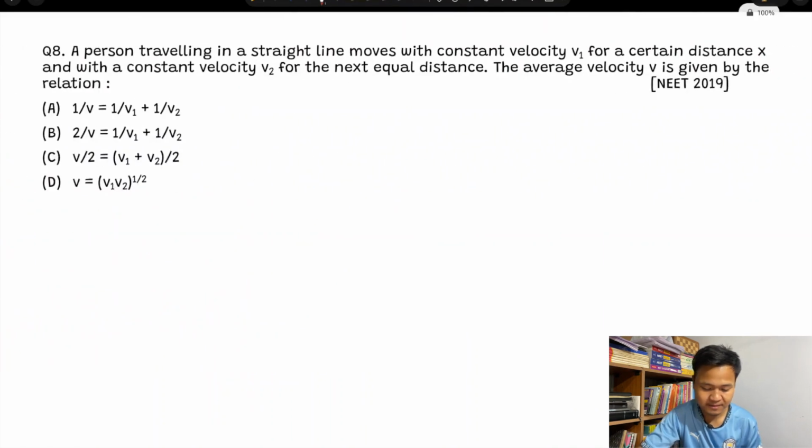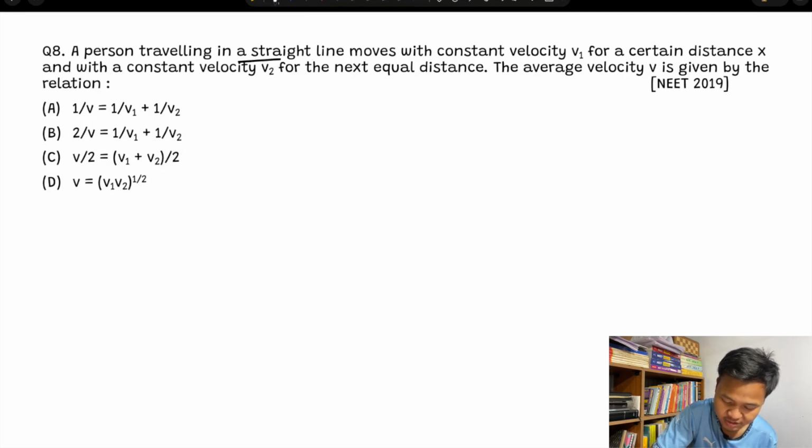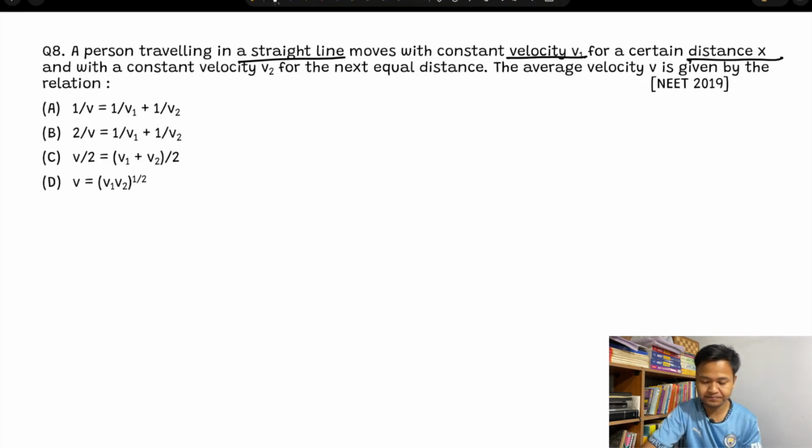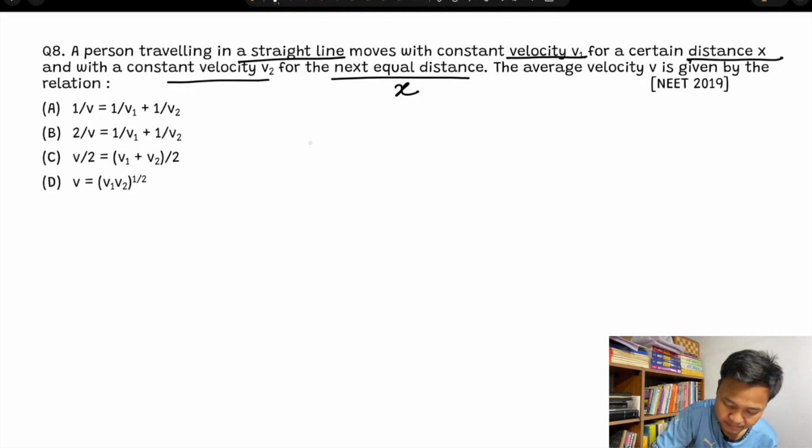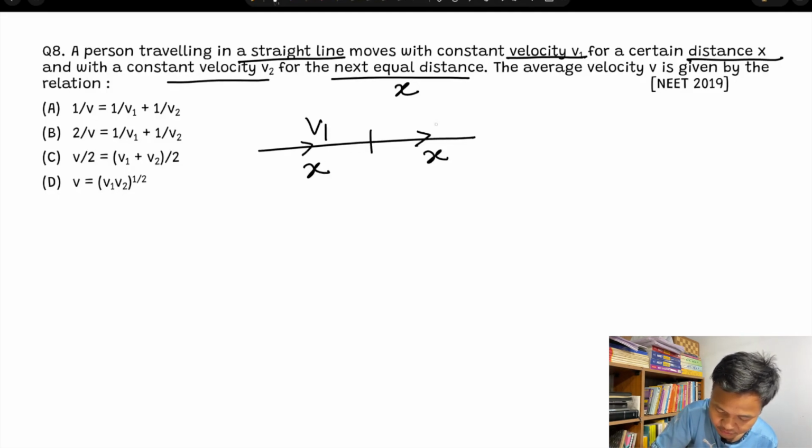Okay, let's move on. This is another question from NEET, very similar. I'll just give you the hints and then you solve it by yourself. Here you are given a person who travels in a straight line, moving with constant velocity v1 for distance x, and then constant velocity v2 for the next equal distance x. So I can draw here: distance x at speed v1, and distance x at speed v2.